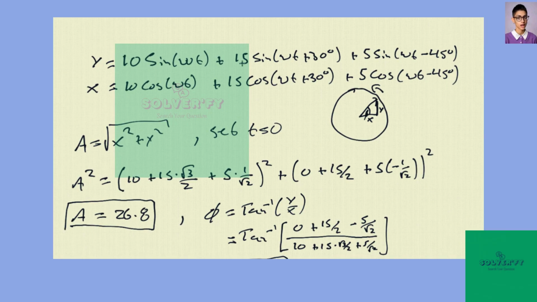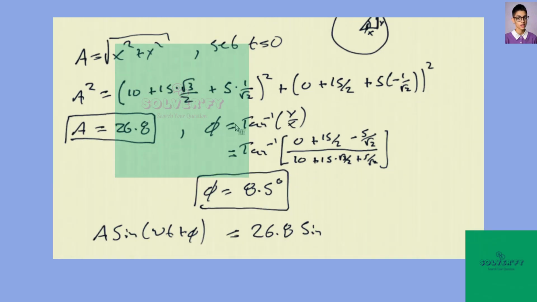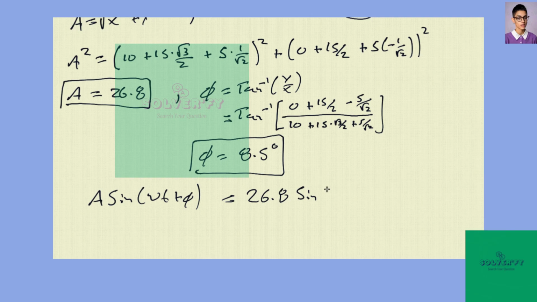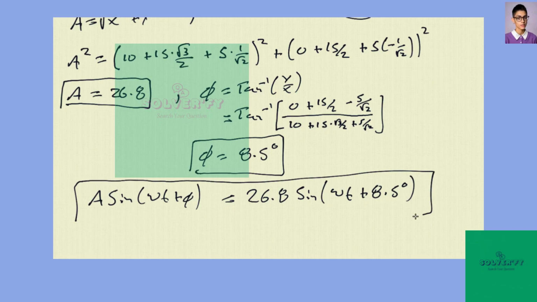This is the part we're adding up here. It's all the sines. Then we have the omega t, and then plus the constant offset, which is 8.5 degrees. And that's the answer.